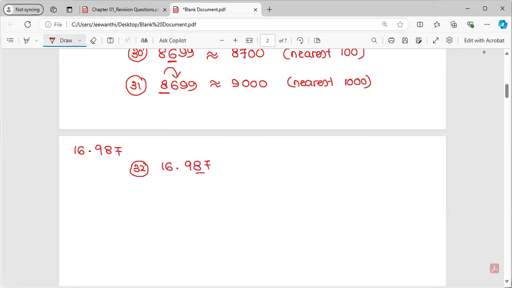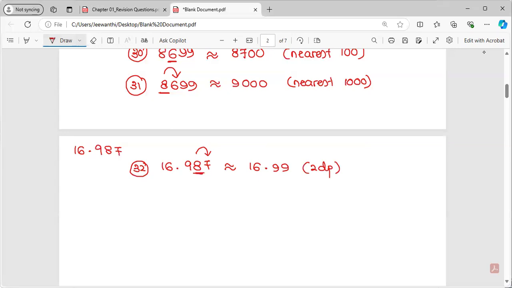In 16.987, you underline the second decimal place and you look at the next number. It is more than 5. Therefore, I write 16.99. Inside the bracket, I write 2dp, right?